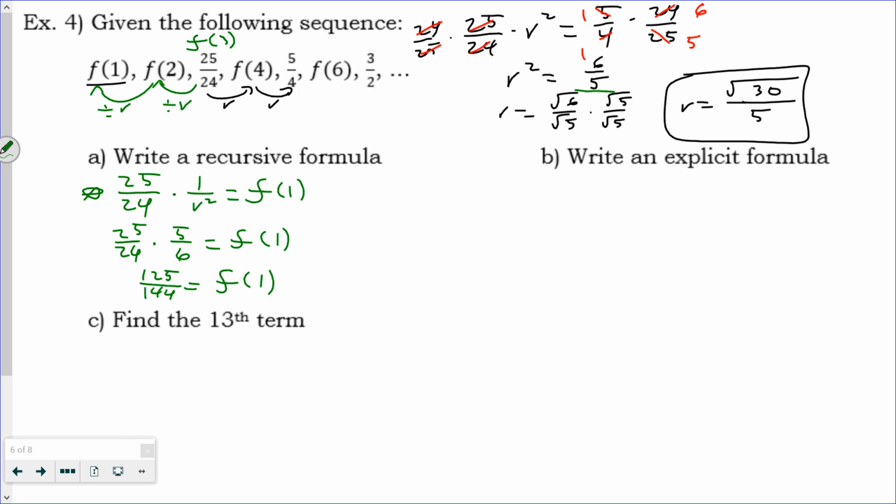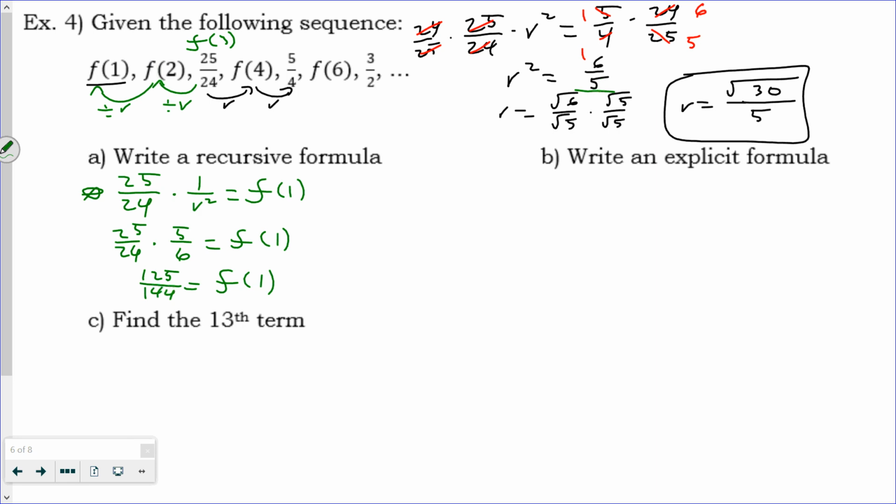To go from f of 2 to f of 1, divide by r again. You go from 25 over 24 to f of 1 by dividing by r twice. Dividing by r is the same thing as multiplying by 1 over r squared, and that's where I got this part at the start. Does that make sense? And then from here, I know what r squared is. I plug that in, and I solve.